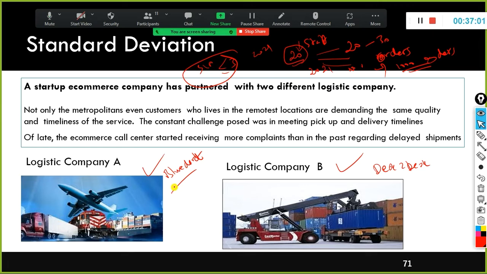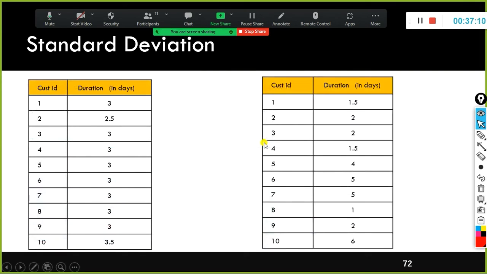In that case, you are getting confused, and you call your staff and ask them to take a look quickly at whether the problem is with the Desk to Desk logistic company or Blue Dot.